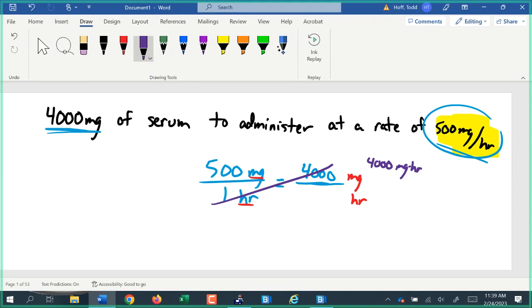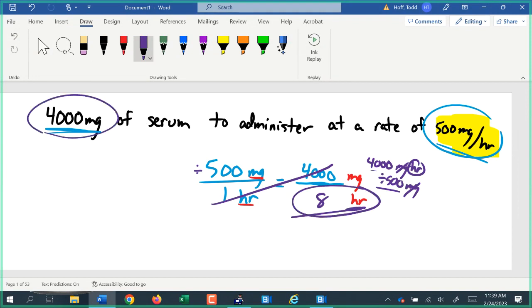Remember we said normally we'd leave the units out just so it didn't get terribly confusing. Then we divide by the other number, the 500 milligrams. 4,000 divided by 500 is 8. Milligrams divided by milligrams divides out, so we're left with hours, which is the unit we wanted. So it would take 8 hours to administer that 4,000 milligrams of serum at that rate of 500 milligrams per hour.